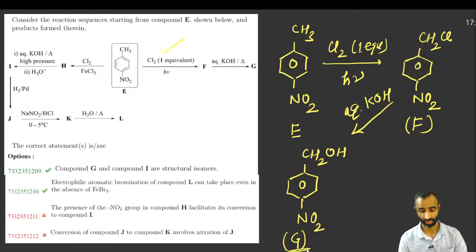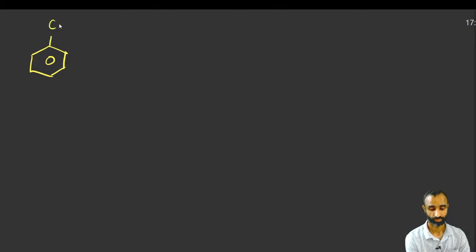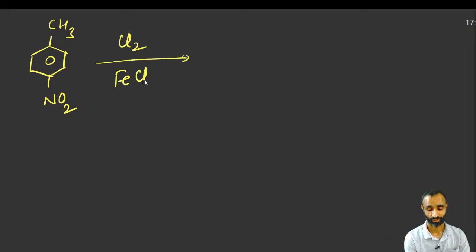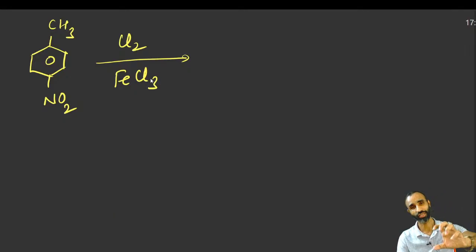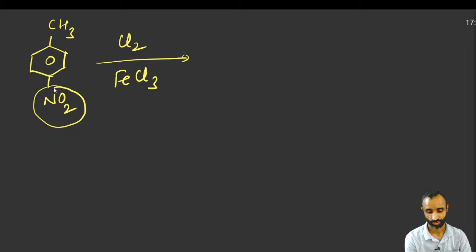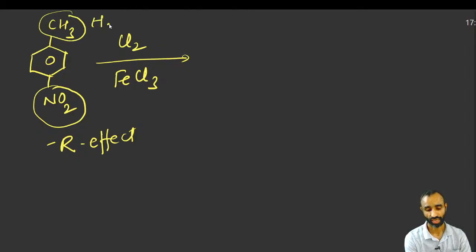Now on the other side, oh yes, this is very interesting. See, you have two groups on the benzene ring. One is nitro, which has a minus R effect. The other is methyl, which has hyperconjugation.